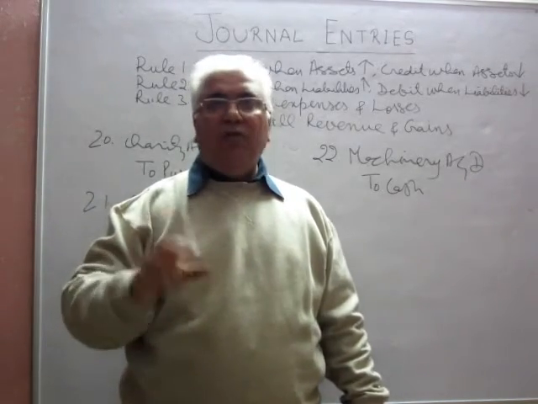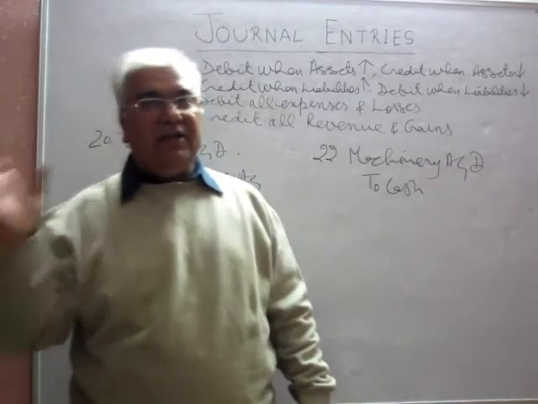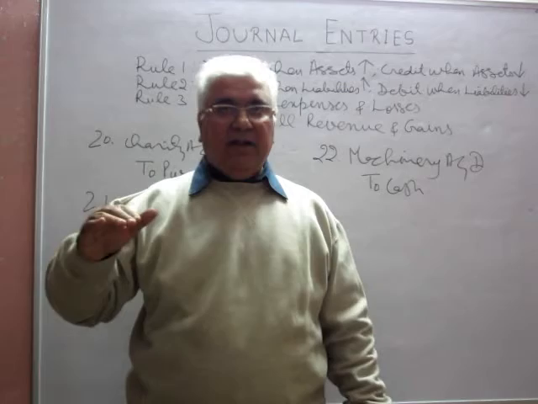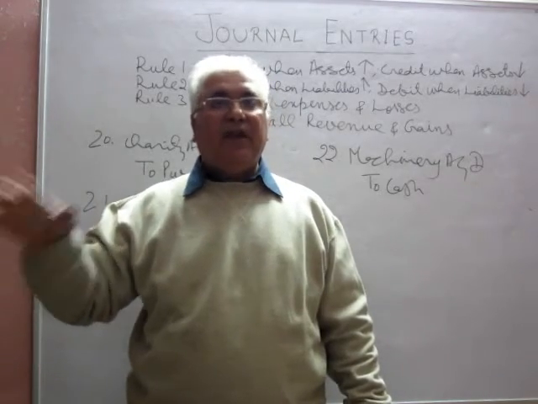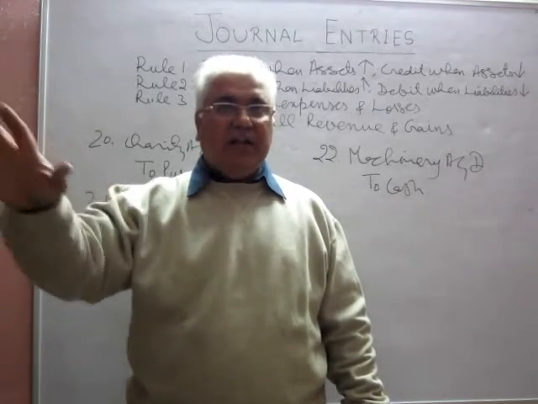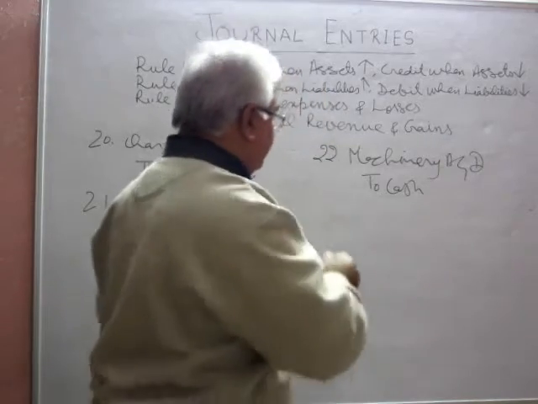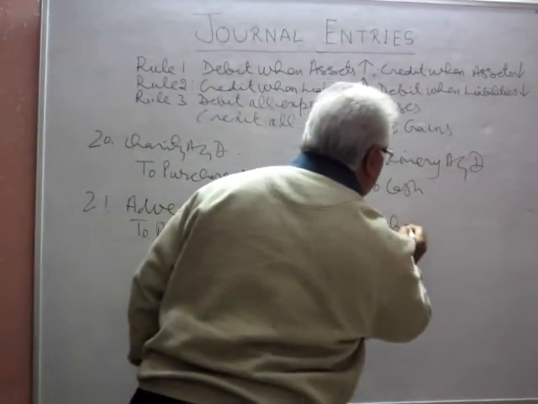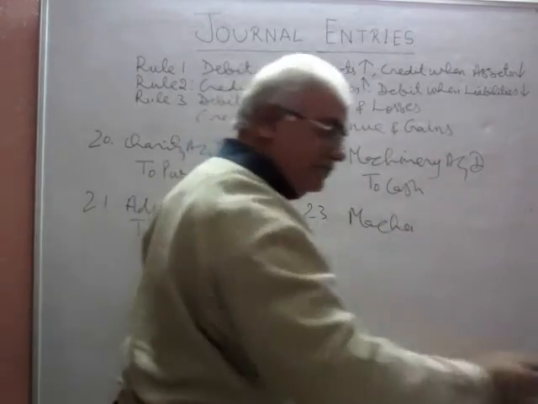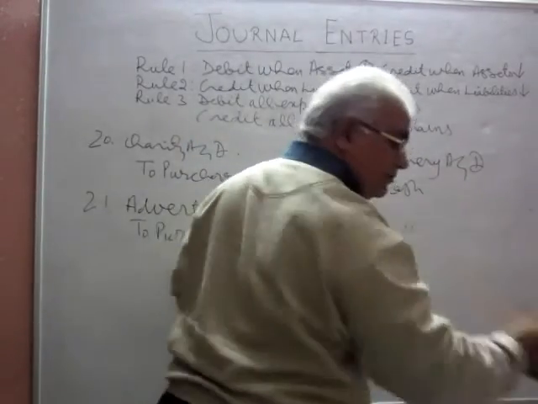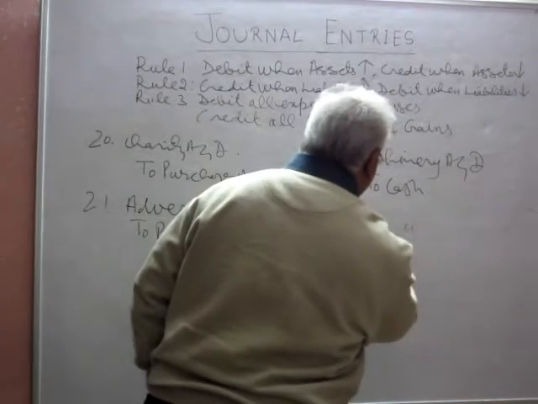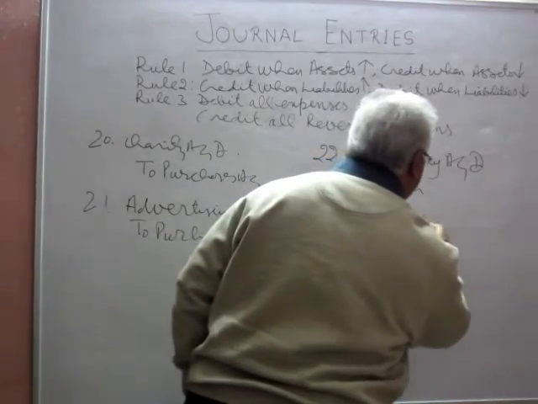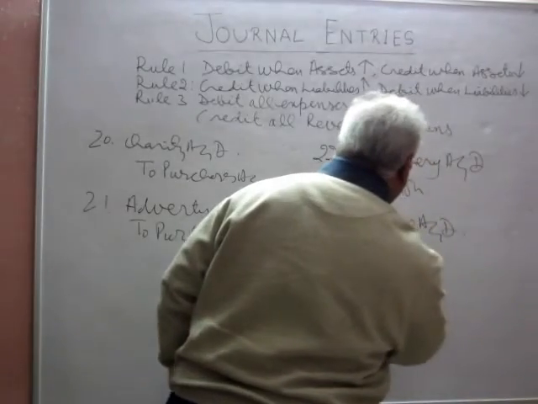For example, your own factory's workers have made the shed and you have taken cement, etc. from your factory. All the material you have taken from your factory for the purpose of making this shed. In this case, the entry will be building account debited.